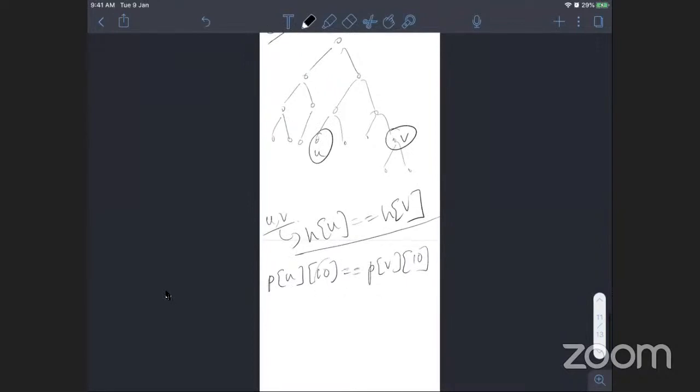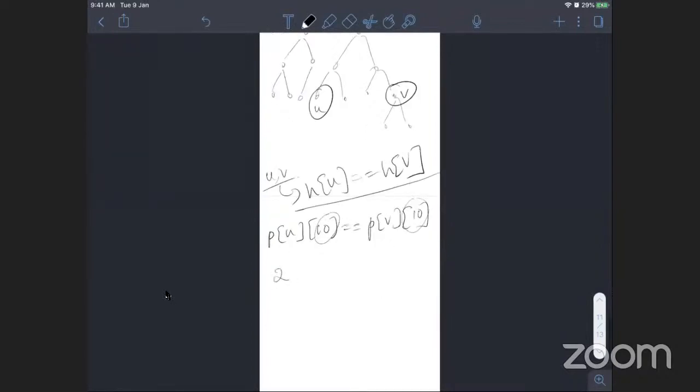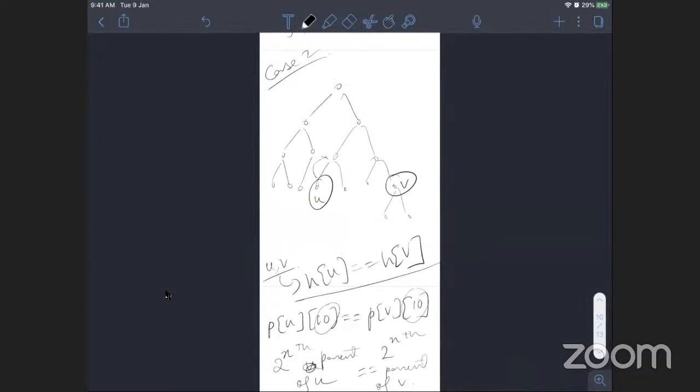Basically, if you take any big number here, what I'm trying to ask is the 2 to the power xth parent of U will probably match with the 2 to the power xth parent of V. If x is pretty big, like let's say x is 10, that means I'm asking the 1024th parent of U versus the 1024th parent of V, which will be the same. Here notice the first parent of U is different from the first parent of V, but the second parents of both the guys are the same. So correct, Rockstar is right that we need to do some sort of binary search here.